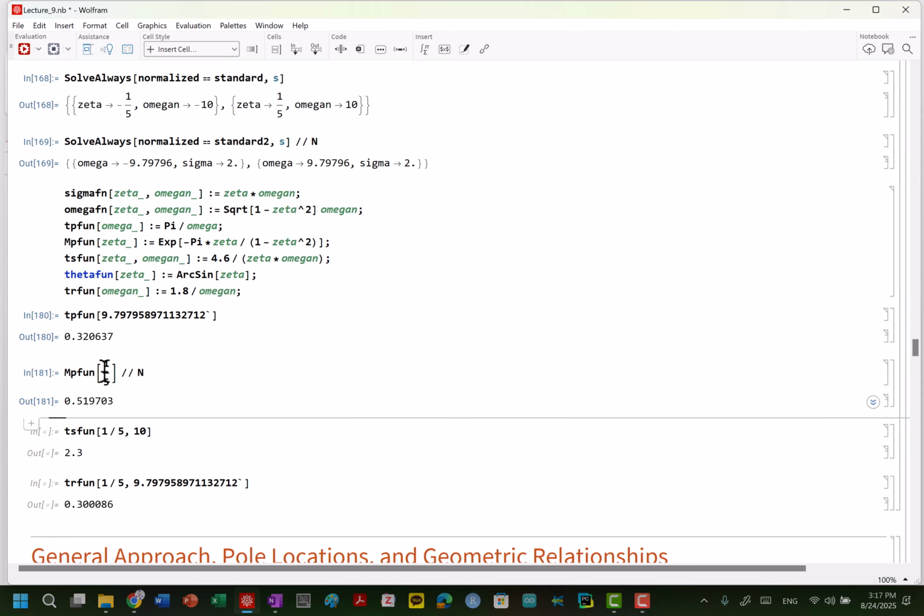If I want the settling time, I need zeta and my omega n, which is 10 right here. And finally, I can look at my rise time, which is zeta and a function of omega. I can just do it as tr fun, and omega n is just going to be 10.